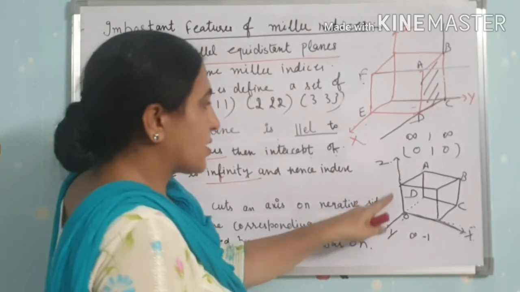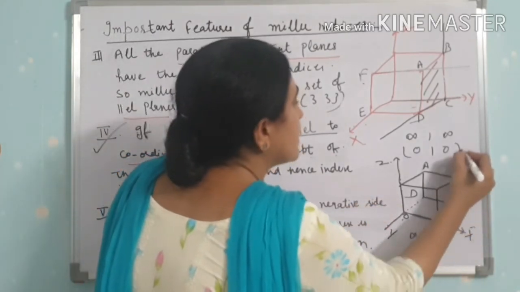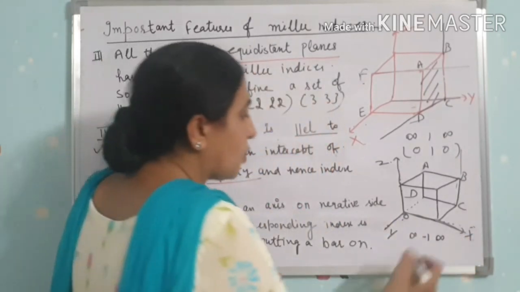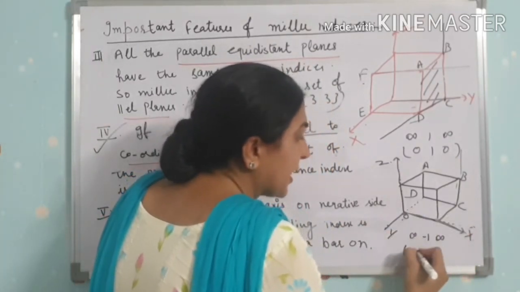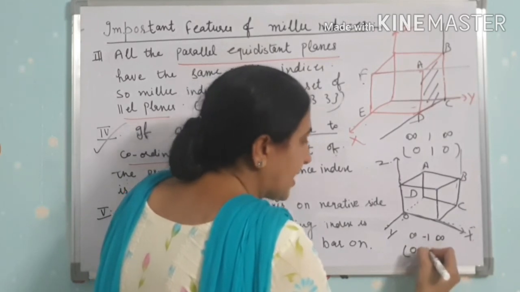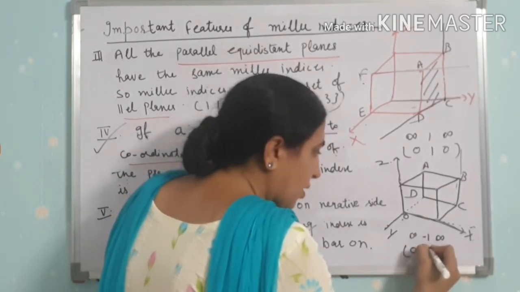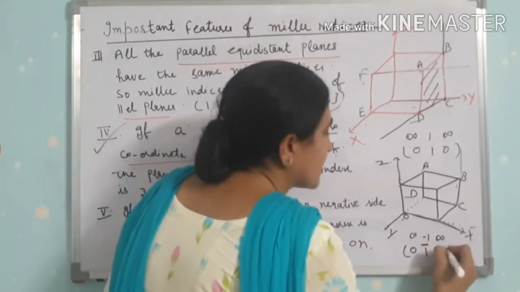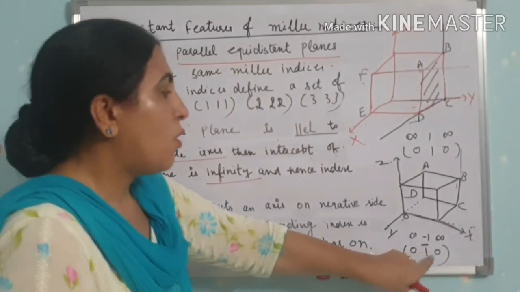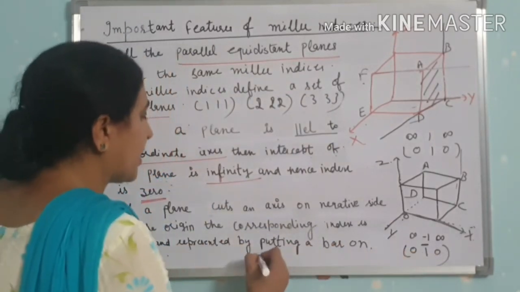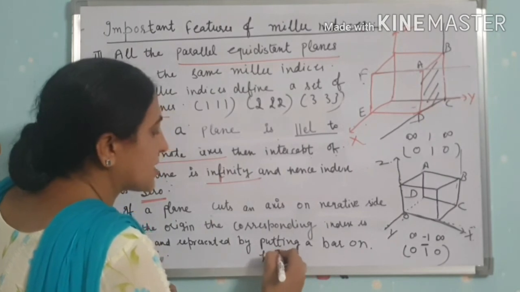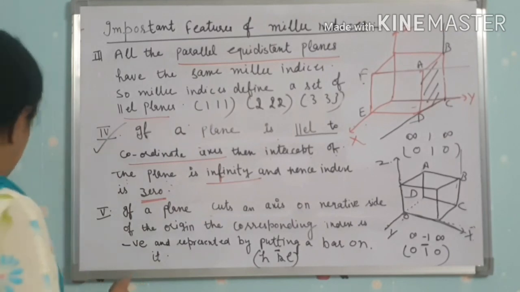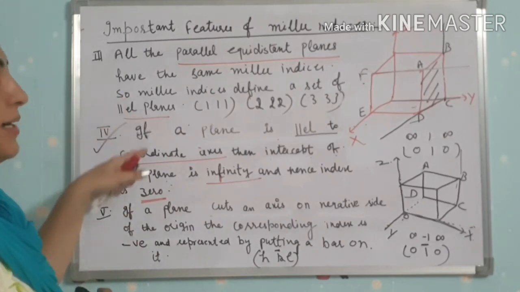And along the z-axis, it is also parallel to the z-axis, so the intercept along the z-axis is infinity. So the Miller indices are 0, minus 1, 0, so we put a bar on the 1, and this is 0. So 0, 1 bar, 0, or in general HKL, with K bar. Clear? So these are the important 5 features of Miller indices.